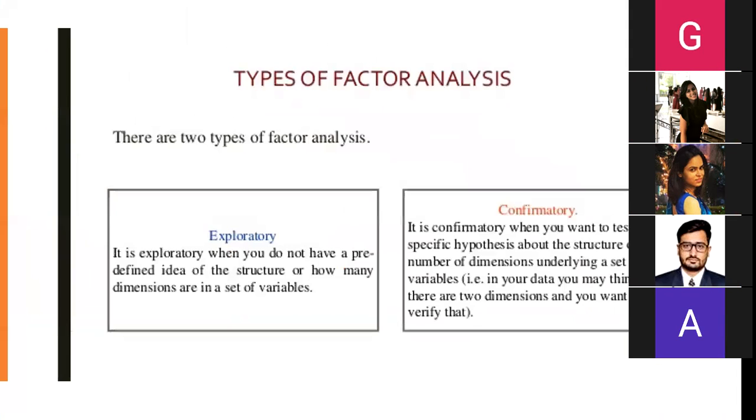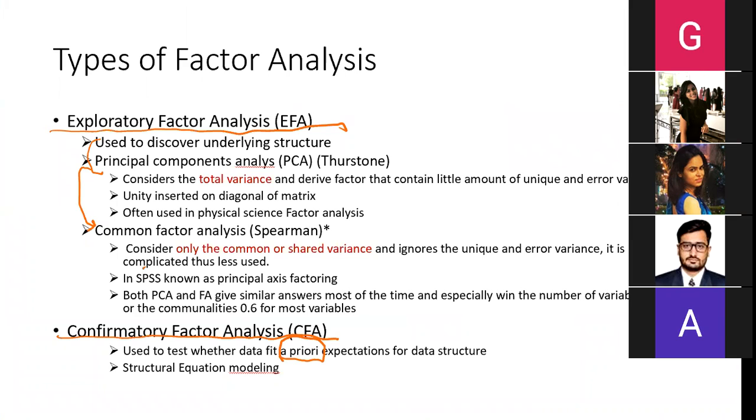That is called a priori. When you already know how the outcome is going to come, you are just confirming. This is confirmatory factor analysis. Whereas in exploratory, you don't know how these variables are going to group.